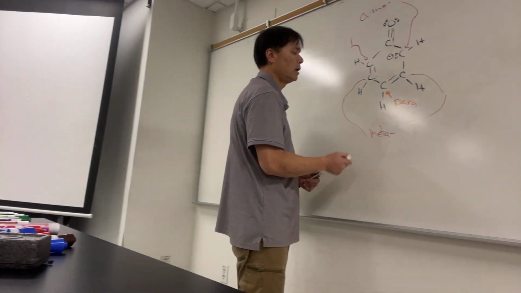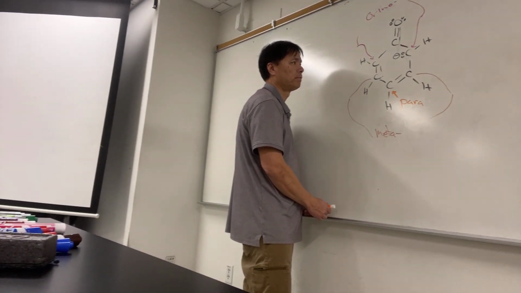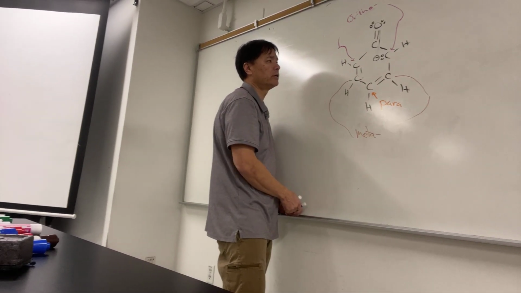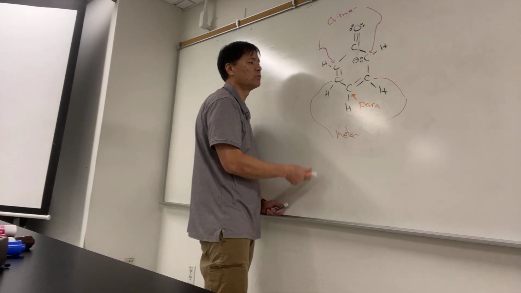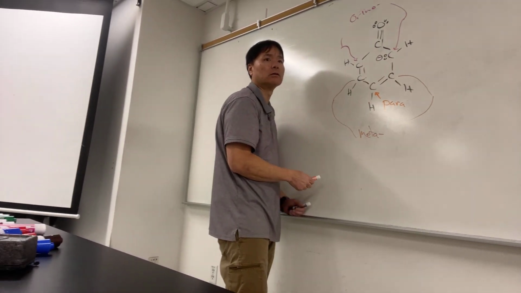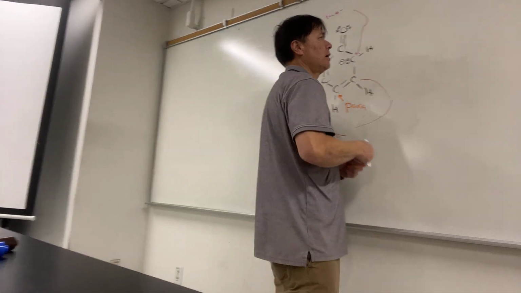Not the meta. So the basicity of this is going to be sensitive to what we put on the ortho and the para positions. And so what we can have is we can have some substituents.